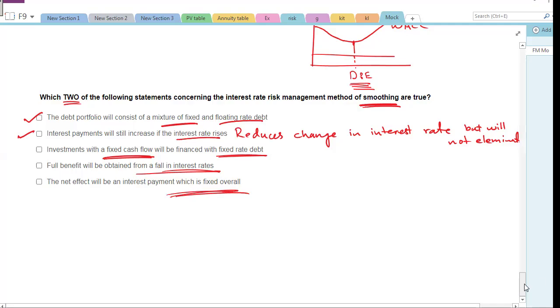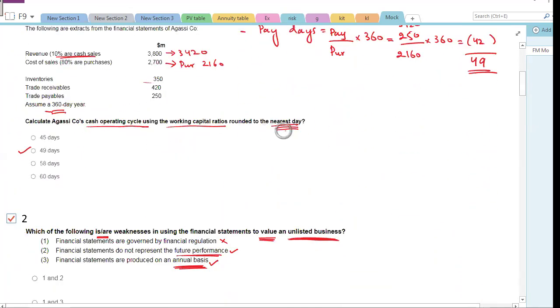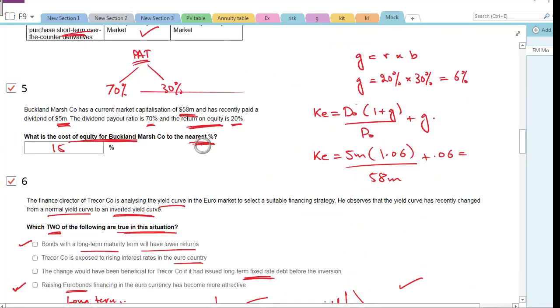All right. So you might have noticed that it was 15 questions, right? We can do it very quickly. We can save time by not reading the things which are not required, right? We can avoid silly mistakes. What were the silly mistakes? For example, the nearest day in here or the nearest percentage in one of the questions right here, right?